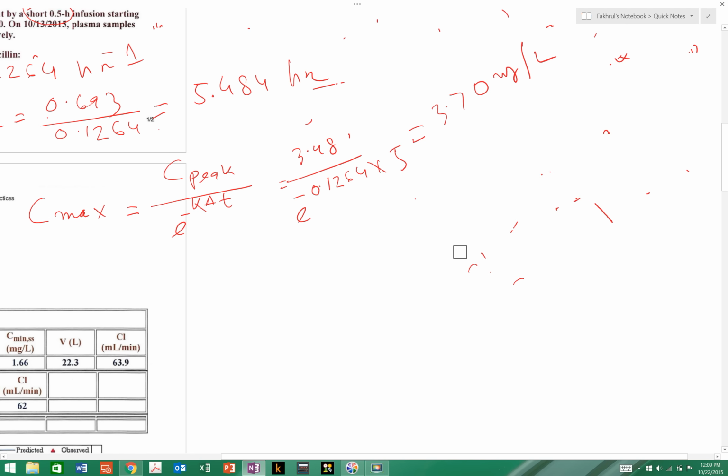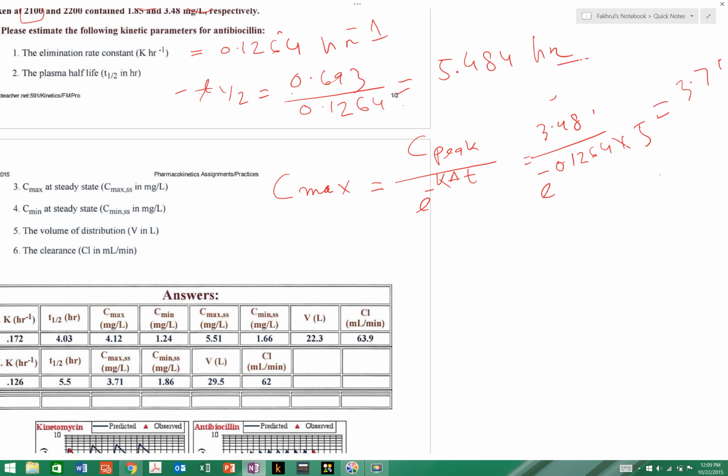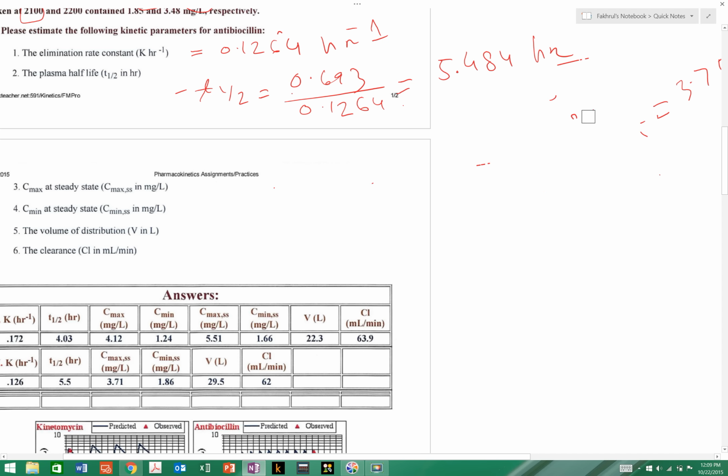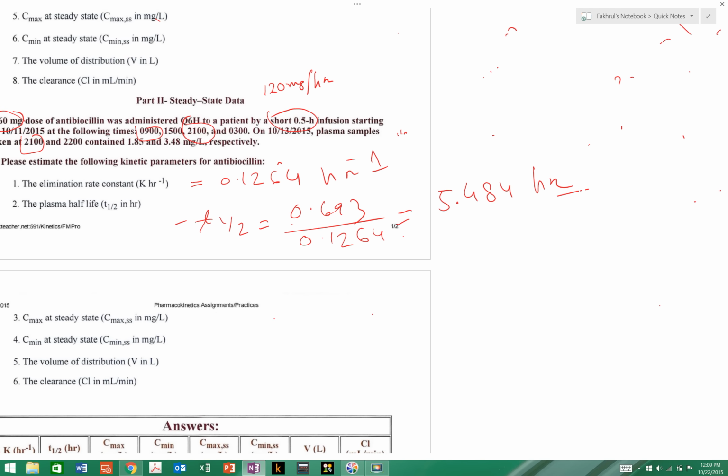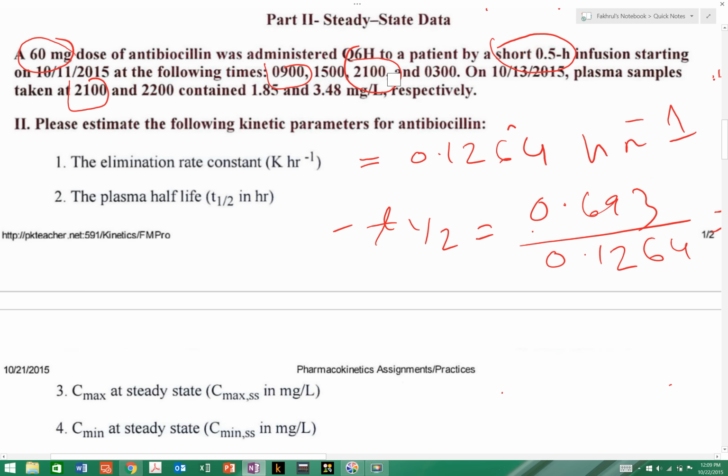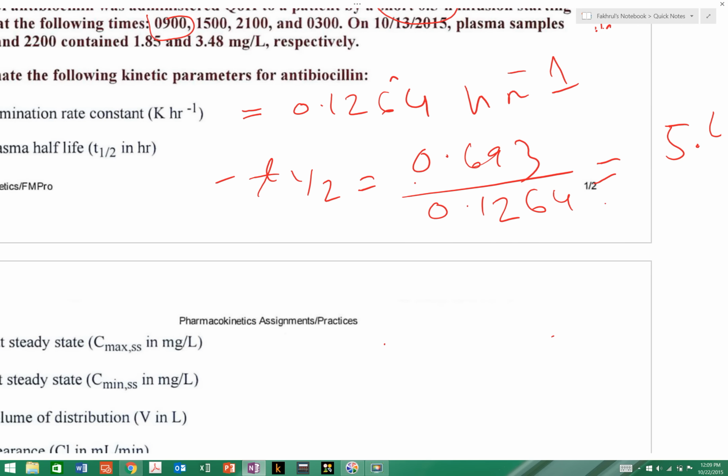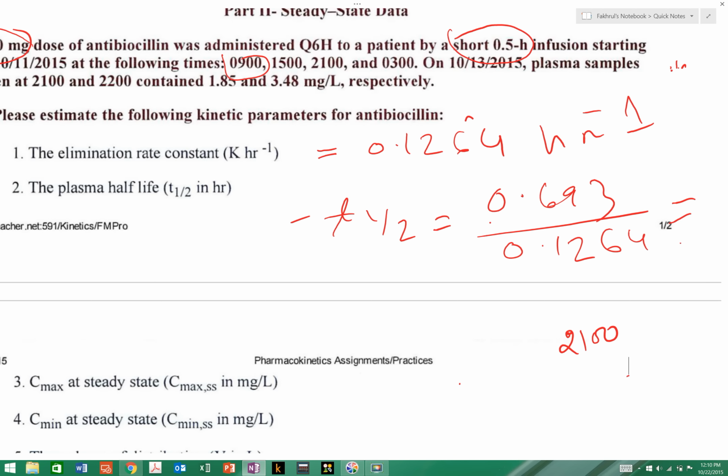So this type, and then in the case of Cmean, it may confuse you, but be careful. When I was teaching, I was saying the trough will be taken a little after, but in this case, you see, here the trough is 2100, and the dosing interval also at 2100.